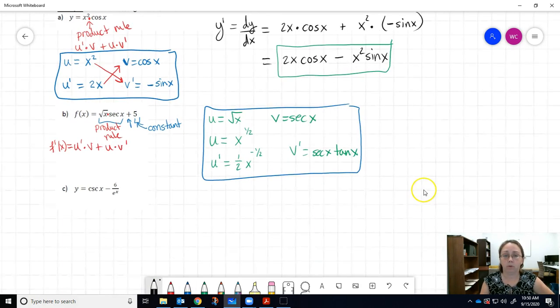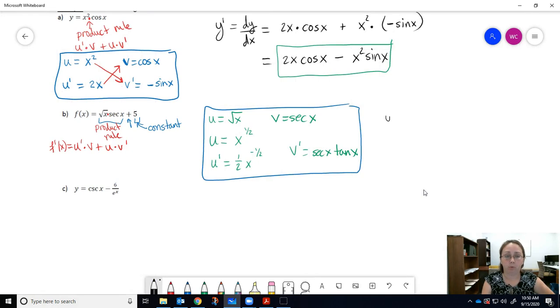So our product rule, y, or f prime, let's call it f prime of x is equal to, all right, so I'm just following the rule over here in red, u prime times v plus the u times v prime.